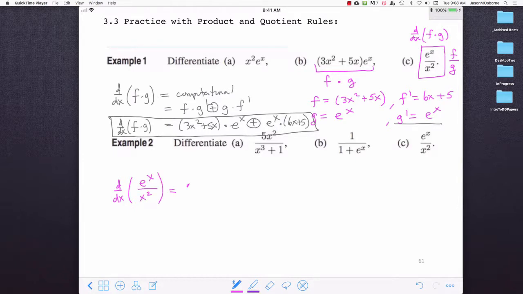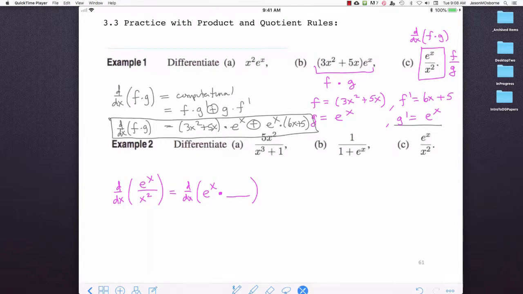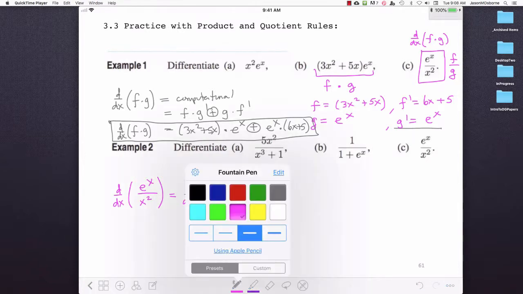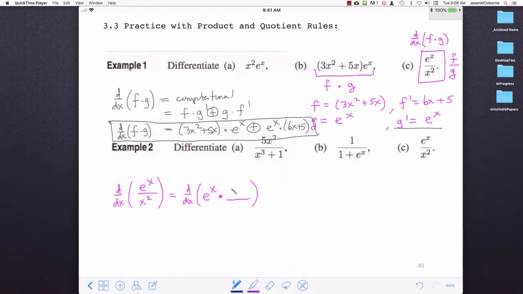But with one pen stroke, e to the x, we can turn this into a multiplication problem. e to the x divided by x squared is the same thing as e to the x multiplied by what? x to the negative 2.